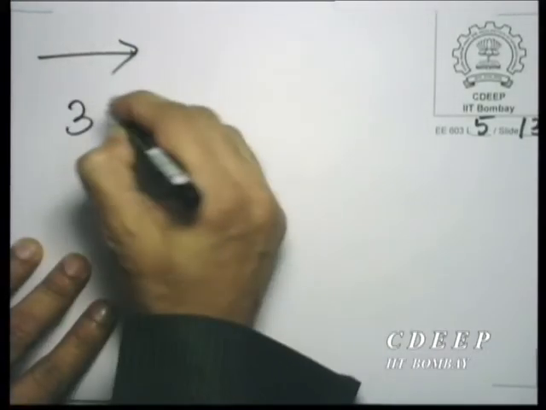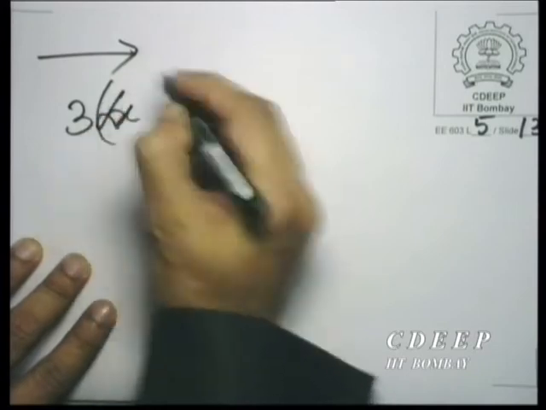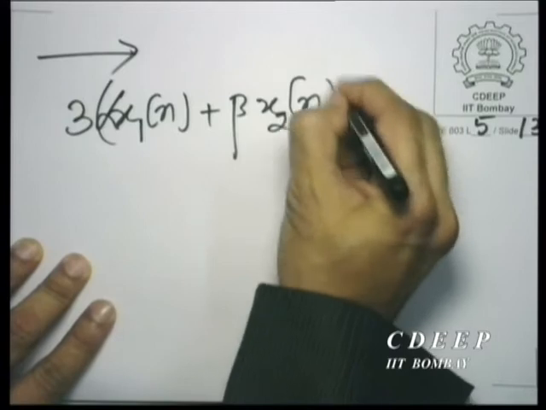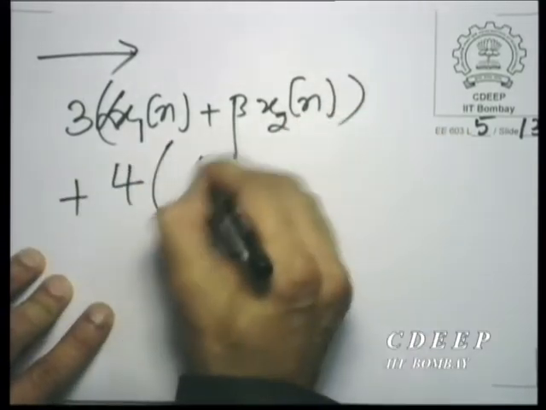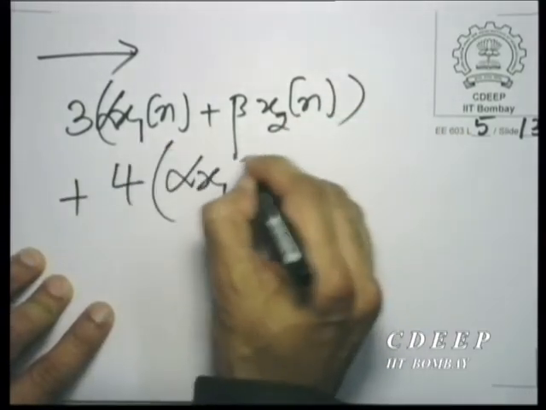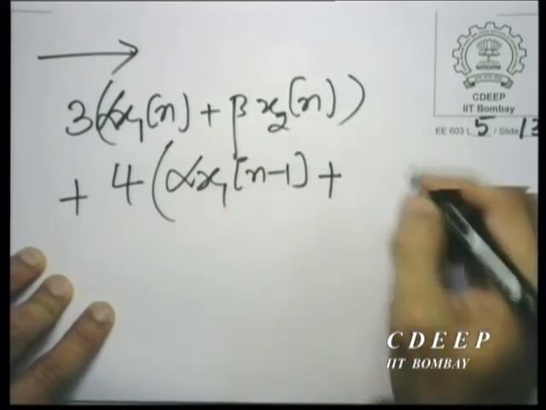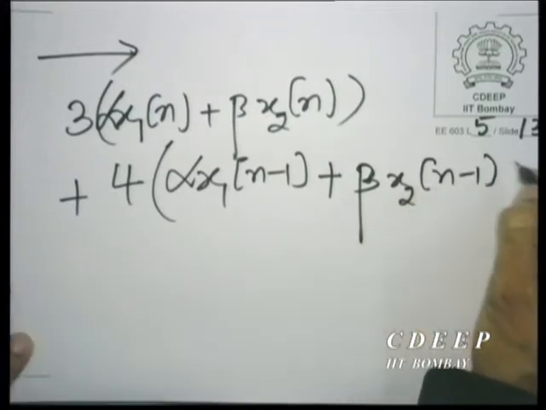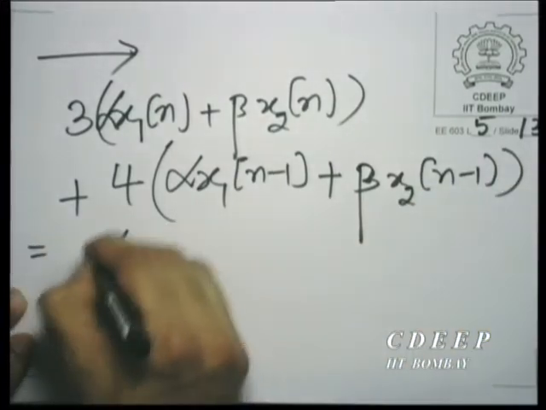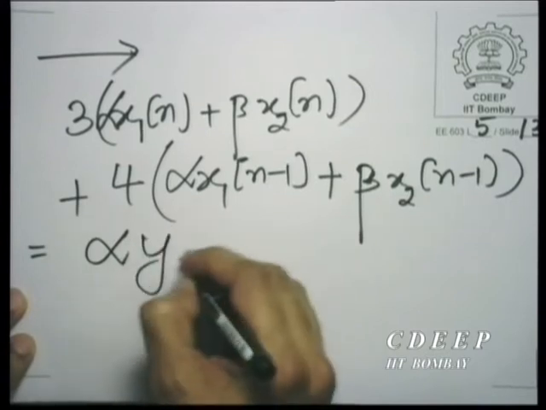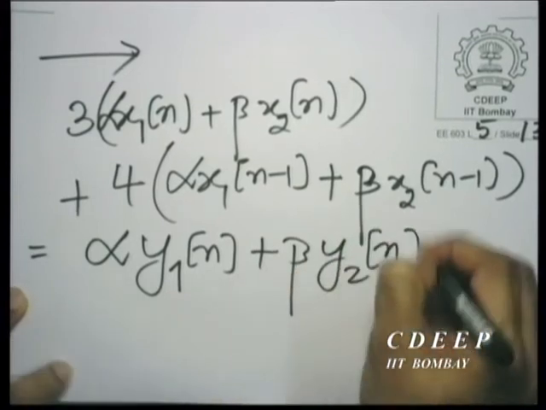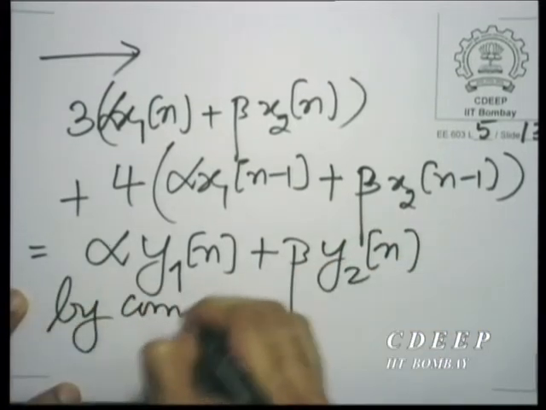The output is 3 times the current sample, alpha times x1[n] plus beta times x2[n], plus 4 times the past sample, but the past sample is also alpha times x1[n-1] plus beta times x2[n-1], and of course, it is easy to see this can be written down as alpha y1[n] plus beta y2[n] by combining terms with alpha and beta.